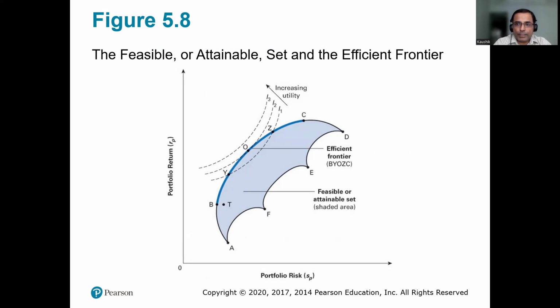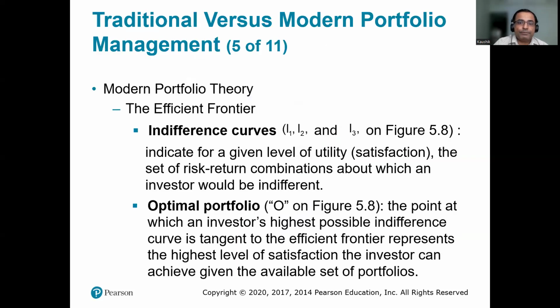Now, when we plot these indifference curves, we look at the highest point at which an indifference curve is tangent to the efficient frontier. In this case, O is the point where the indifference curve is tangent to the efficient frontier at the highest level. So O is the optimal portfolio for the investor.